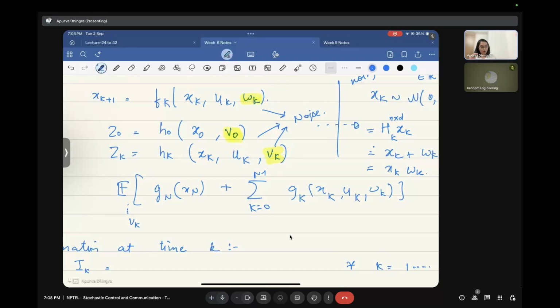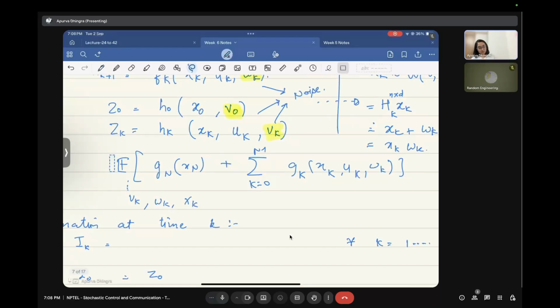So it's VK, WK, and to be even fair, we don't even know what the XKs are. They're hidden to us, so the expectation will be over that also. We are assuming that it is coming from some probability distribution, some sampled values, and we'll be taking expectation over that also. This is typically what is done here.